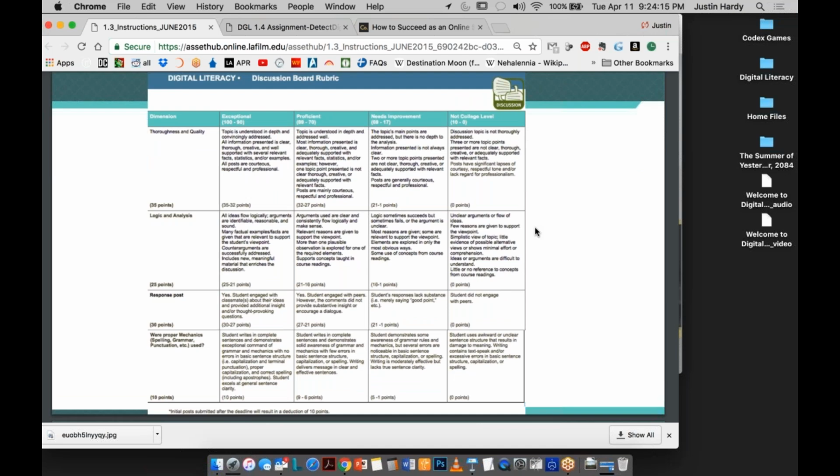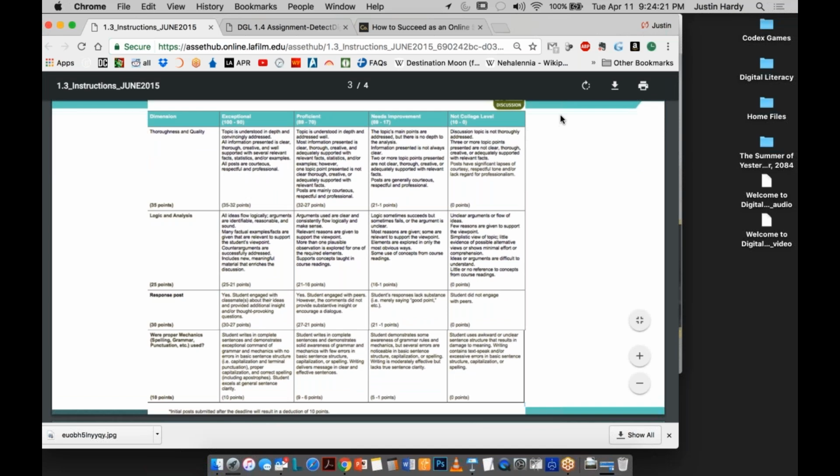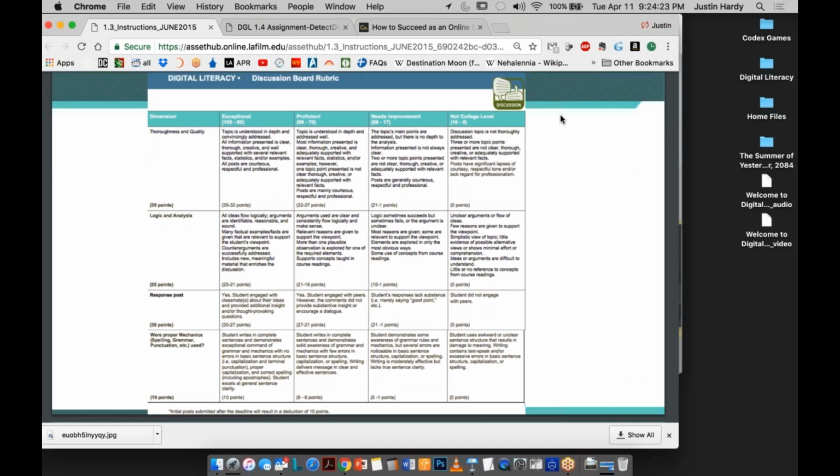Okay, so here's the rubric again for what we're using to assess your discussion post, both your initial post and your response post. So we'd like everything to fall in this exceptional column here where your topic is understood, in depth, and convincingly addressed. All of your ideas flow logically. You engaged your classmates and you wrote in complete sentences and used proper grammar and punctuation and all those good things.